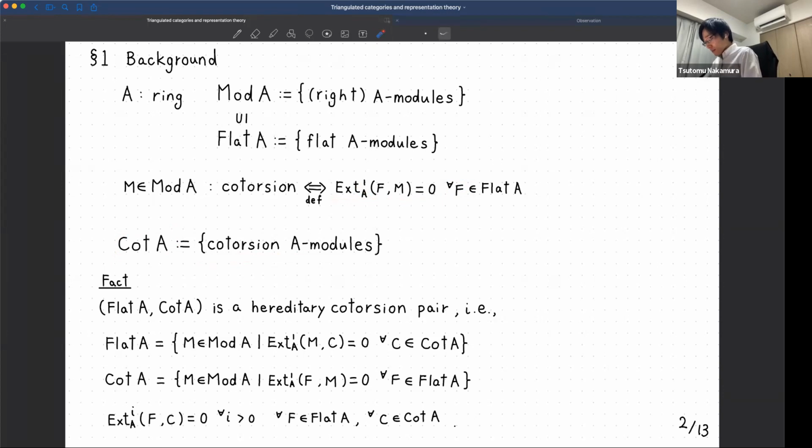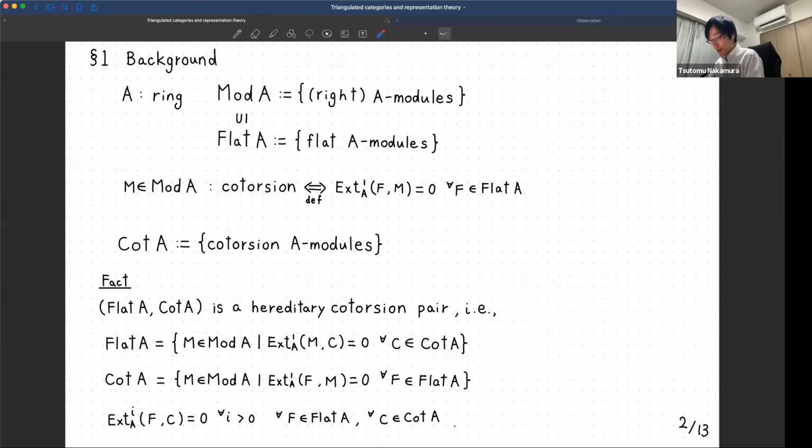It is a very classical fact that this pair is a hereditary cotorsion pair. Namely, the class of flat A-modules is the left Ext^1-orthogonal subcategory of cotorsion modules, and the class of cotorsion modules is, by definition, the right Ext^1-orthogonal subcategory of flat modules.